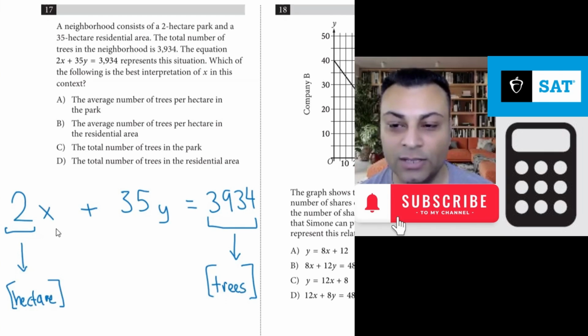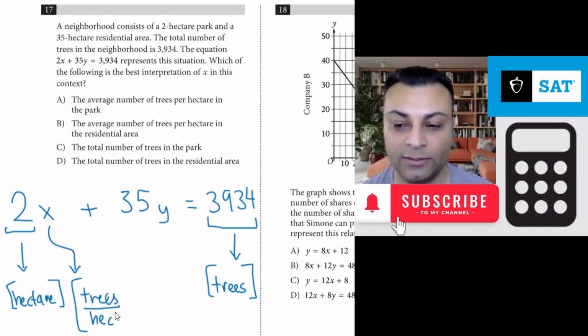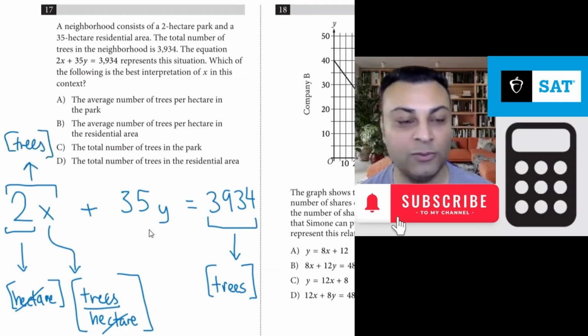Okay. So in order for the entire 2x to have a unit of trees, this x needs to have a unit of trees per hectare. Then you would have a cancellation, and the entire 2x would have a unit of trees. The same with the 35. This 35 has a unit of hectare.